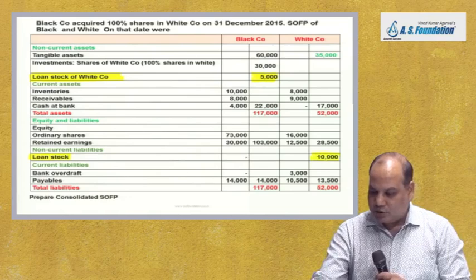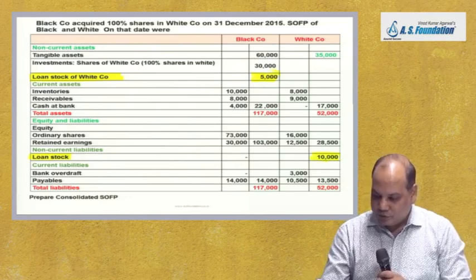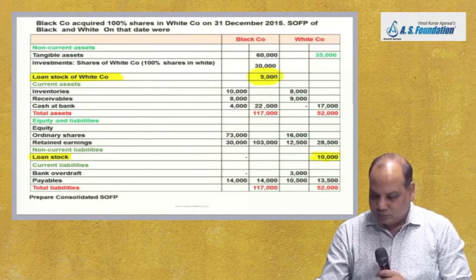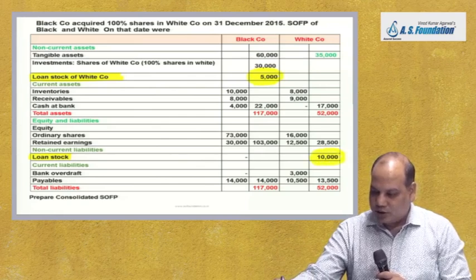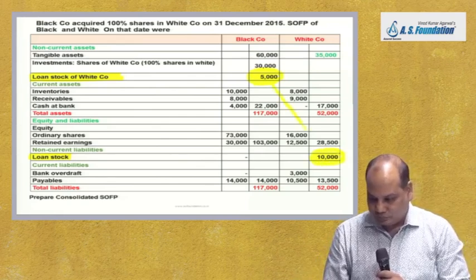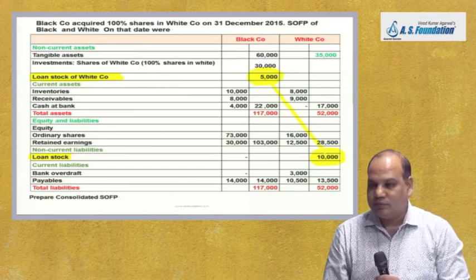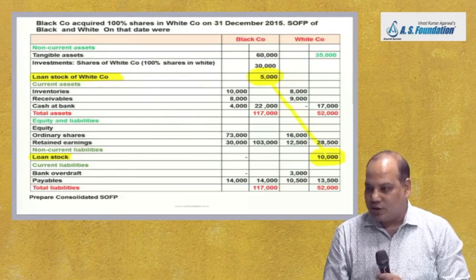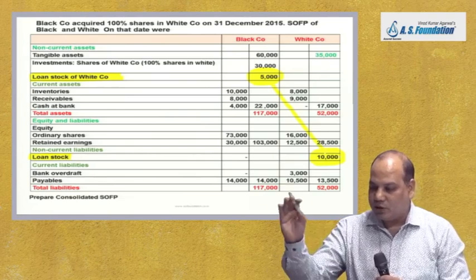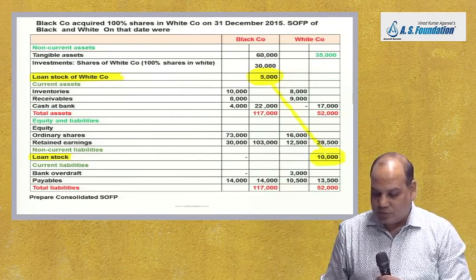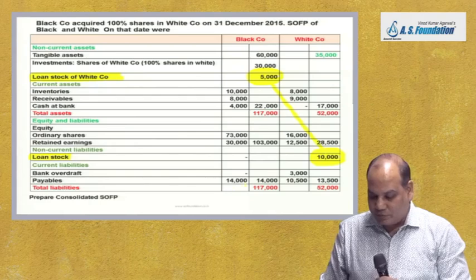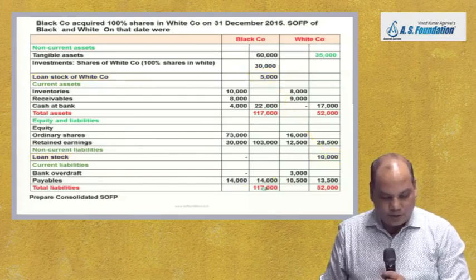But you will find this is 5,000, this is 10,000. So entire 10,000 is not from black. Only we will cancel 5,000 from both the sides. Is it right? Remaining 5,000 means that is a loan from some other party that will appear. Bank overdraft payable to prepare the consolidated SOFP.